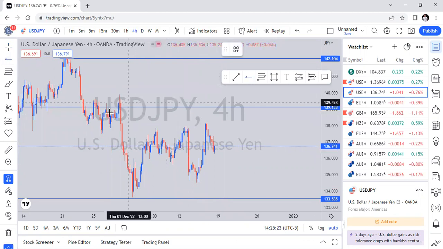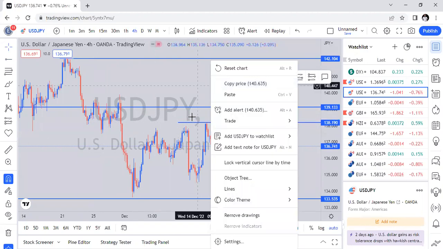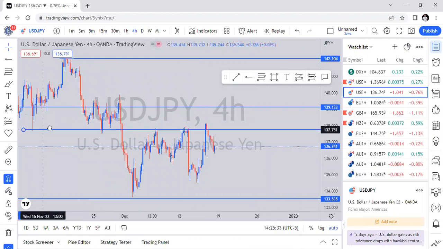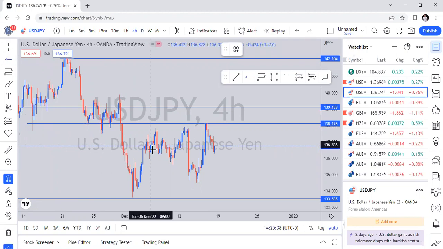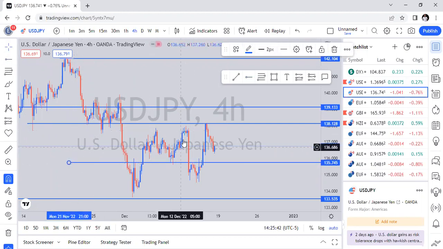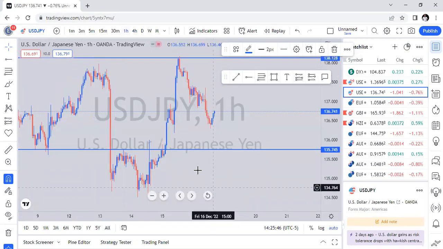You can also pick out levels on your 4 hour. So what we've just done is look at how the market will react at these key levels.